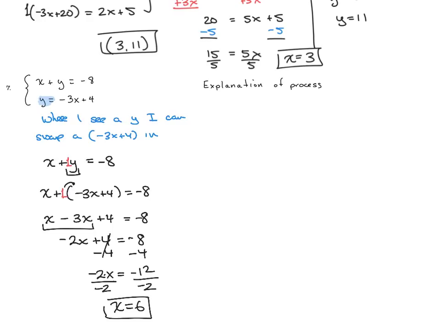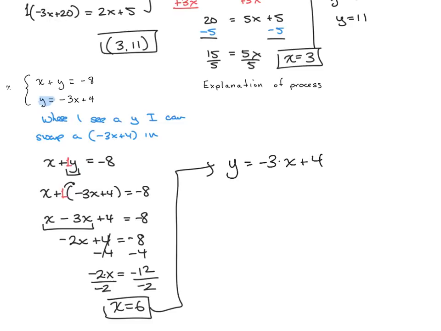So now, once I have x is 6, we want to find y. So to find y, I plug that information into the equation that tells me how to find y. The one that tells you how to find y is your equivalency statement. It's the one that says y equals. So y can be found by doing -3 times x plus 4.